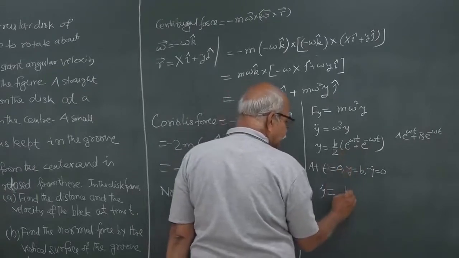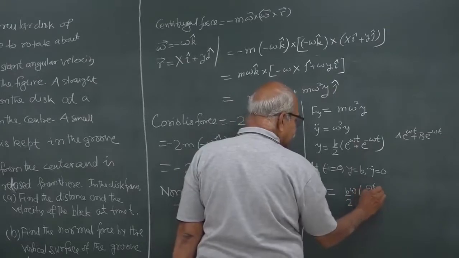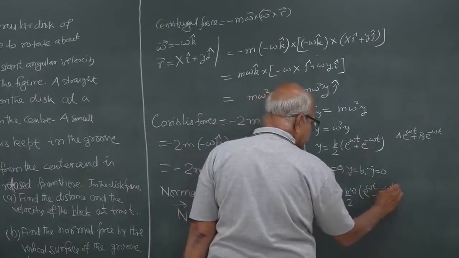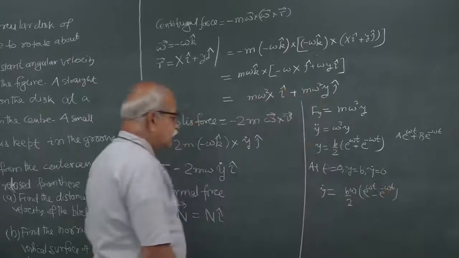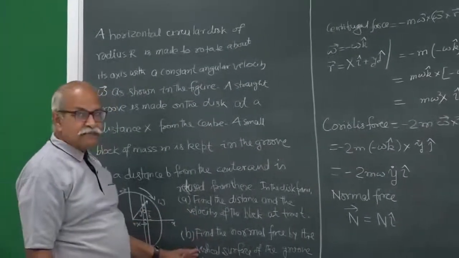So, b by 2 and omega will be there, e to the power omega t minus e to the power minus omega t. So, that is the velocity in the y direction. That is part A. Now, come to part B.